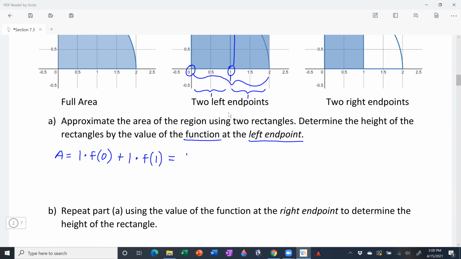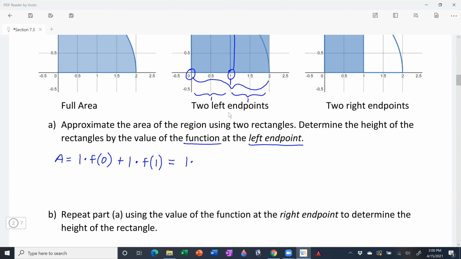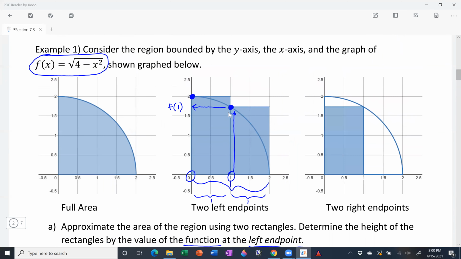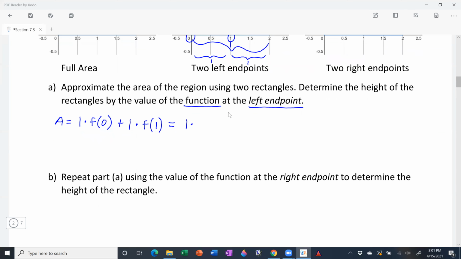So then this is going to be 1 times, and for now, I'll do it showing all of the steps. All of these examples for this first problem use this function here, the square root of 4 minus x squared. So that's going to be 1 times the square root of 4 minus 0 squared, plus 1 times the square root of 4 minus 1 squared, because we're plugging in f of 1.